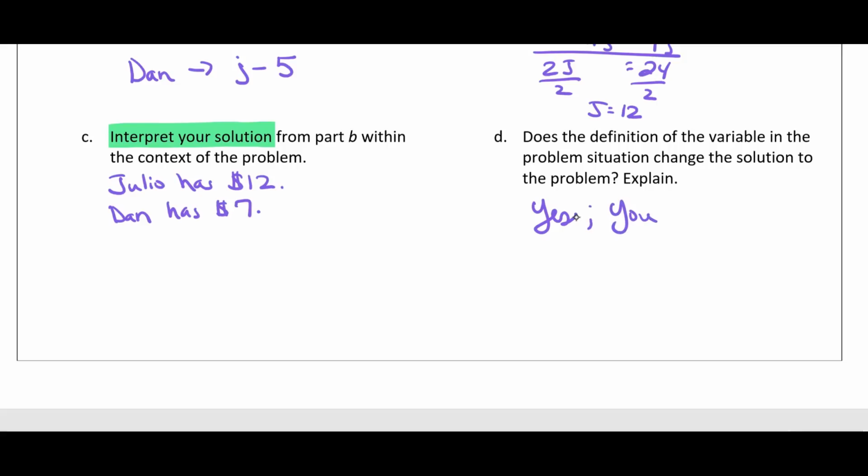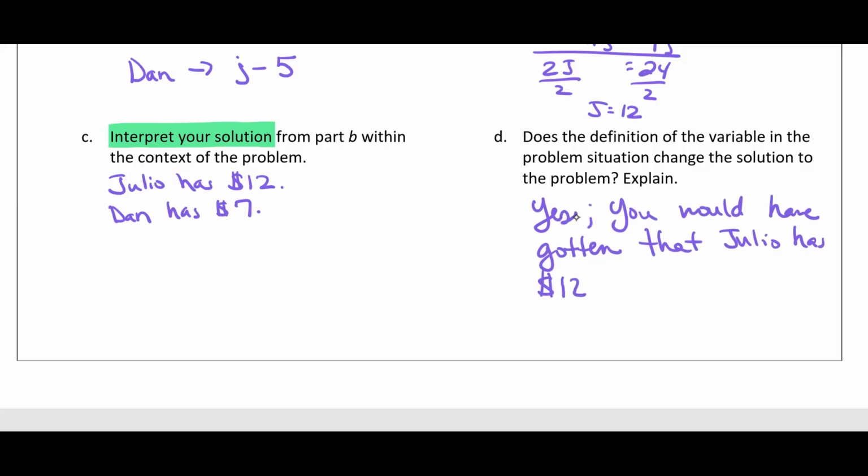You would have gotten that Julio has $12 this time, instead of Dan's $7. So yeah, it absolutely changed it. So this is why defining a variable is so incredibly important.